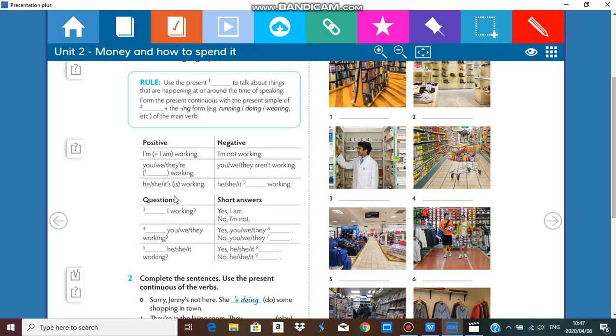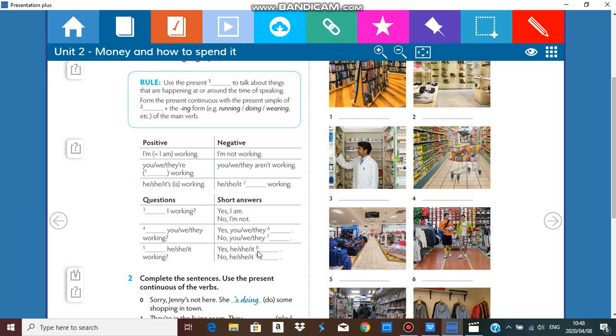And when we want to make questions, you will start with am, is, and are. So, am I working? Yes, I am. Positive. No, I'm not. Negative. Are you working? Are we working? Are they working? Yes, you are. Oh, no, you aren't. And the last one here: is he, she, it working?